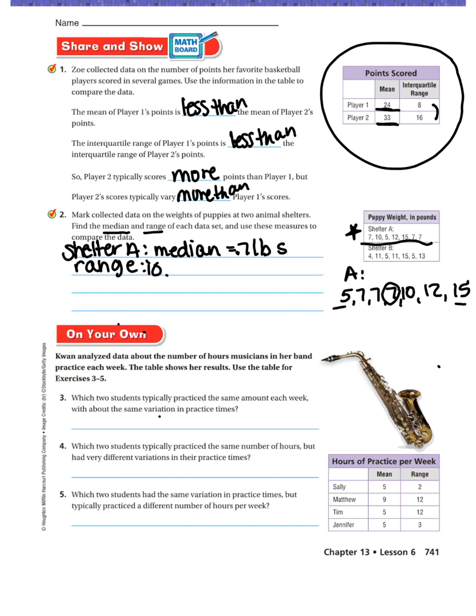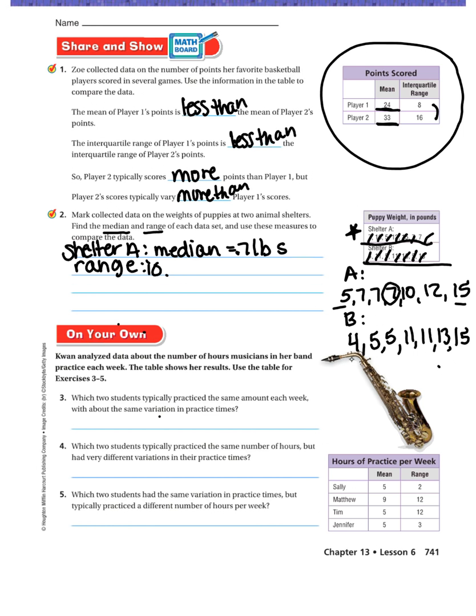Okay? Now we're going to do the same thing for shelter B. So 4 is your smallest number, 4, 5, another 5, 11, 11, 13, and 15. Okay, I used all those numbers, and I just cross them out as I go. So all of them are used.